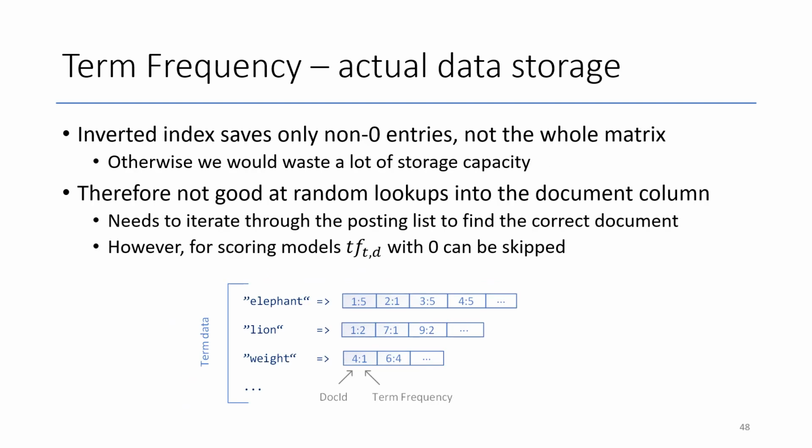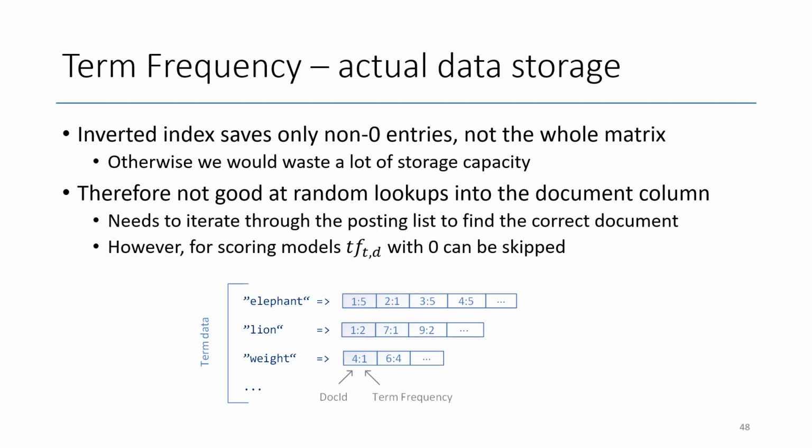And again, the actual data storage is much more efficient because we have so many documents in an index that saving such a matrix with basically almost everywhere 0 is not a good idea. And the inverted index saves only non-zero entries.